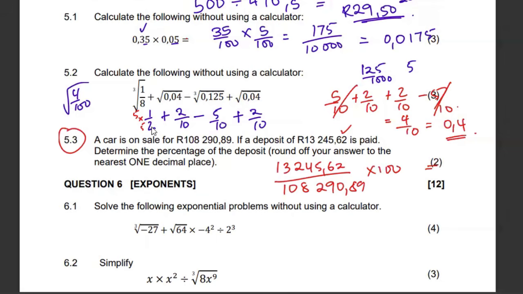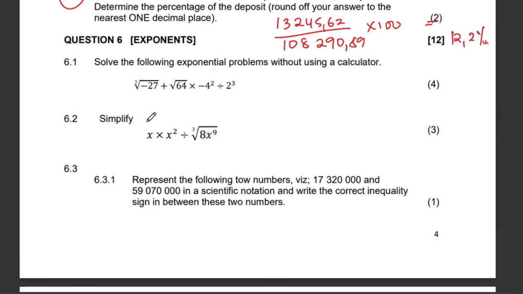If that is done, what percentage do I get? 13245,62, we are dividing it by 108,290.89. That gives me, did I make a mistake? It's 290, meaning that I have 12,2%.